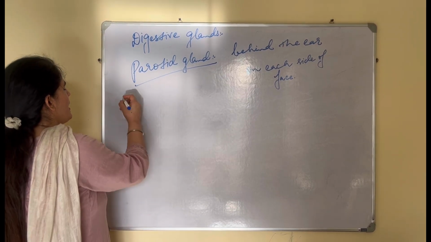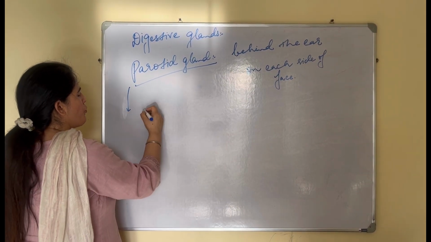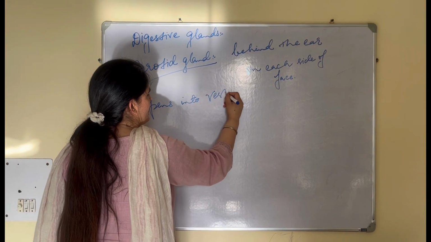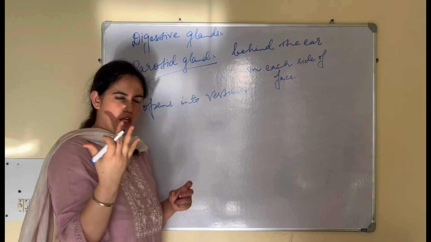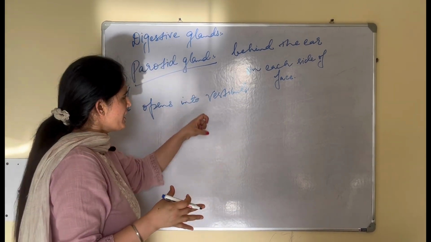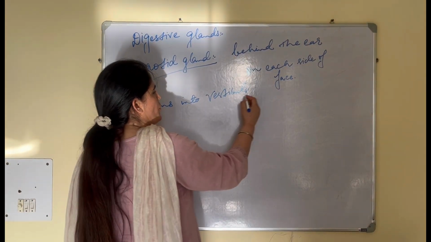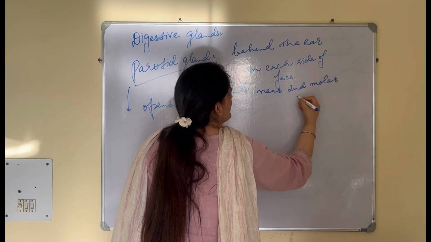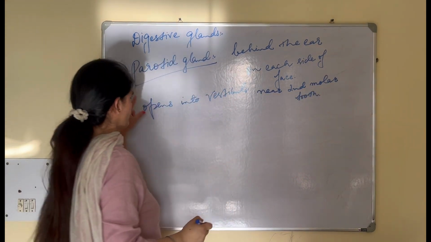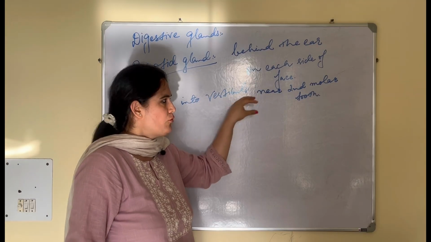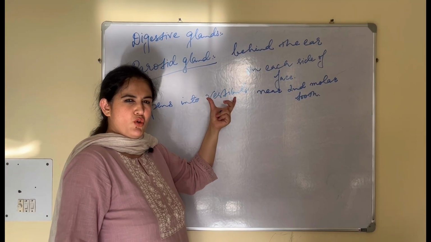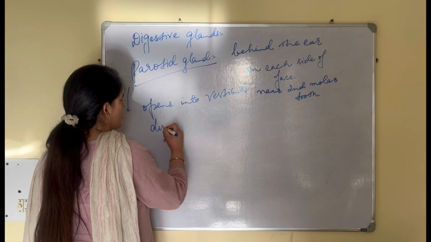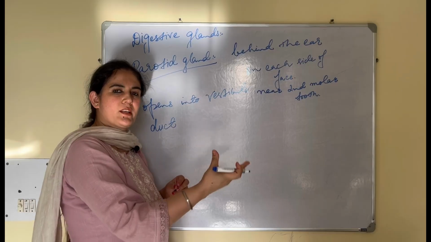This gland opens into the vestibule, meaning the buccal cavity, from where it releases its secretions. It opens near the second molar tooth through a duct, through which its secretions are released.